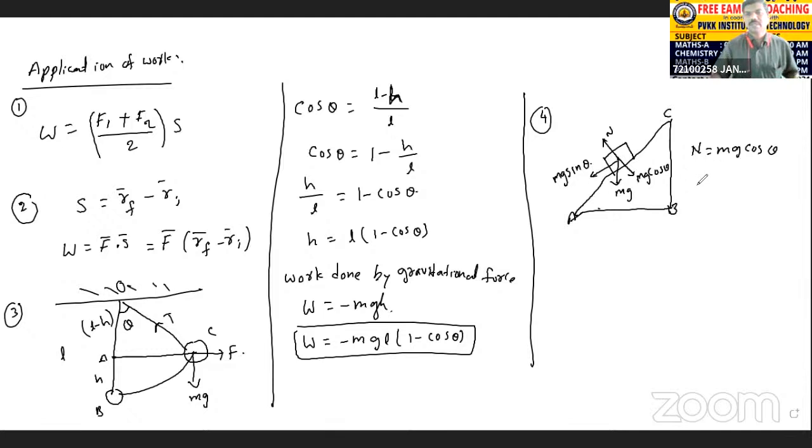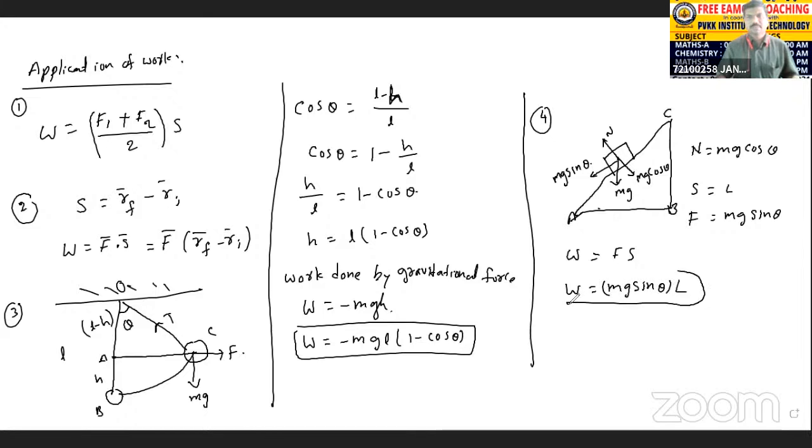Force is equal to mg sin theta. So work done, what is the formula? W is equal to F S. So W is equal to mg sin theta into L. This is the work done.